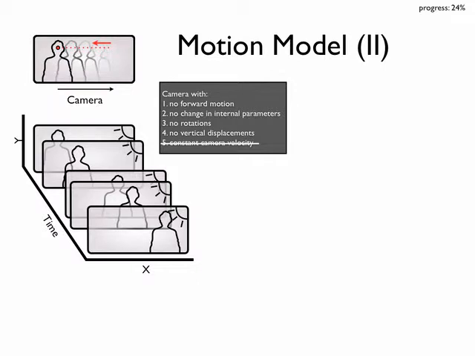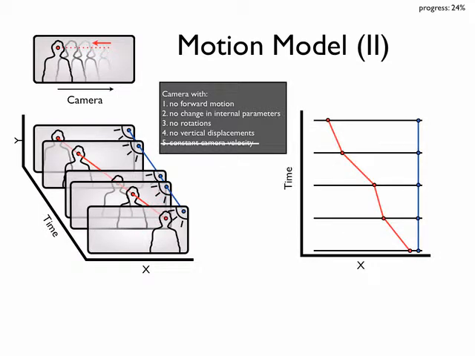In the case that the camera does not have a constant velocity, if we track the same object, we see that the line is not straight, and there is a problem, because if the line is not straight, the final mosaic will have distortions.